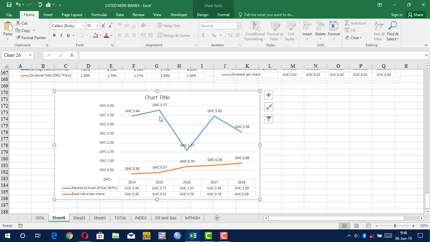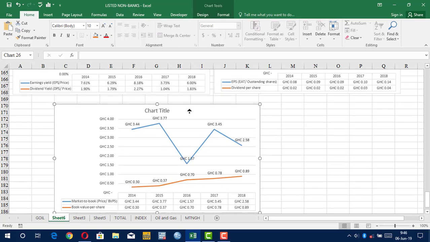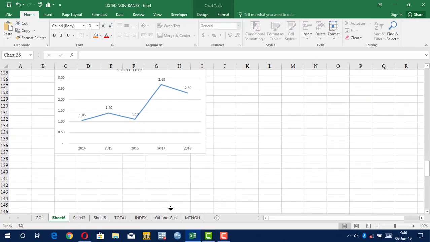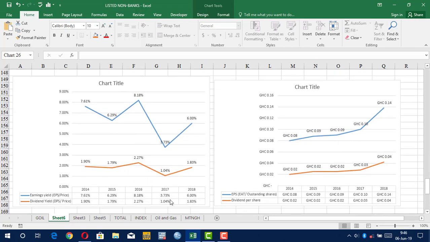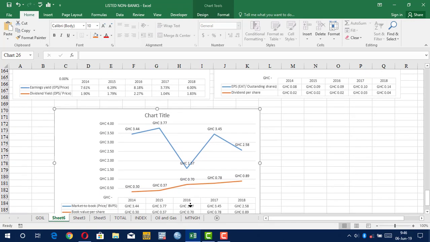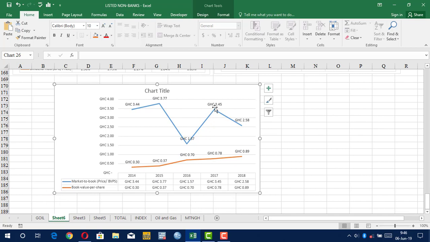In 2015 it went up to 3 cedis 77 pesos, and it declined in 2016 to 1 cedi 57 pesos. Now the market price in 2016 was 1 cedi 10 pesos, and it fell as low as 1 cedi 57 pesos, and in 2017 it went up to 3 cedis 45 pesos. In 2018 it declined to 2 cedis 58 pesos.